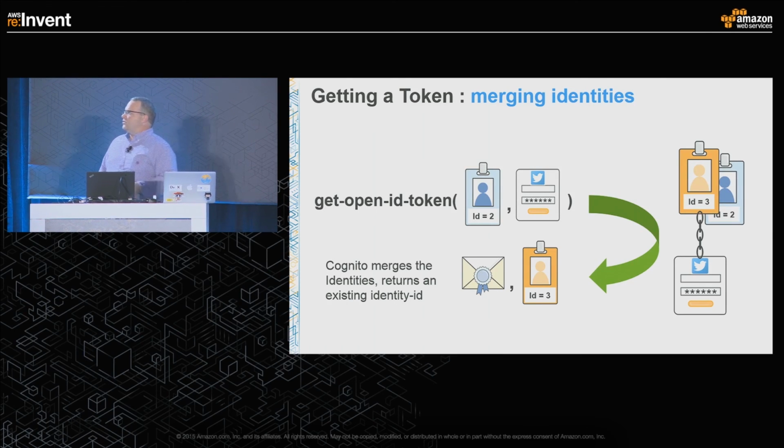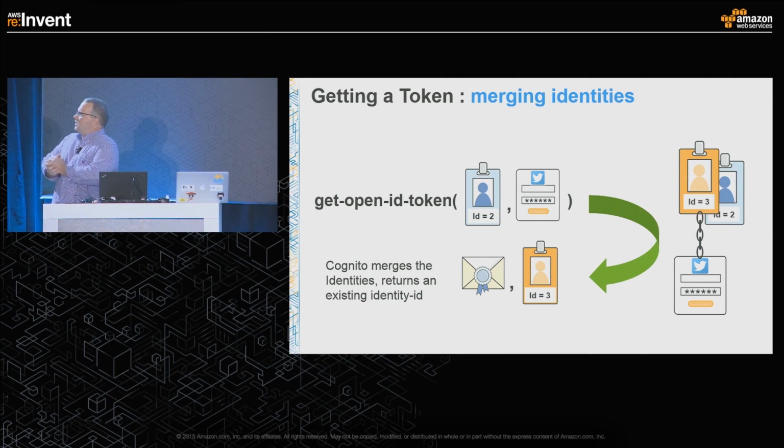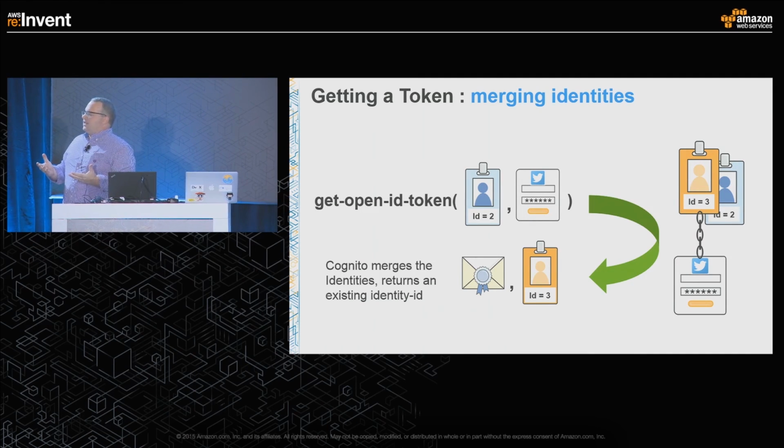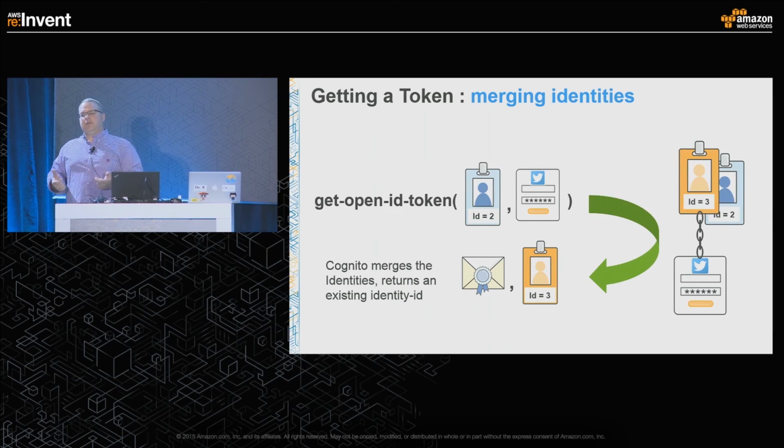Okay, this is the federation use case. Let's say you have a customer that's using your app on their phone, and they've authenticated on their phone with Twitter, for example. And they've been using an authenticated identity for weeks and weeks, and maybe they go home and load your app on a tablet. So the tablet doesn't know anything about the phone. The app on the tablet doesn't know anything about the app on the phone yet.